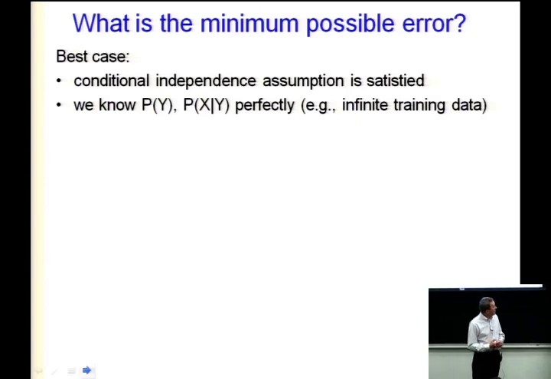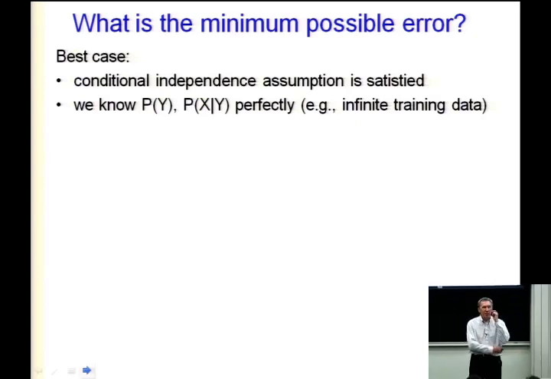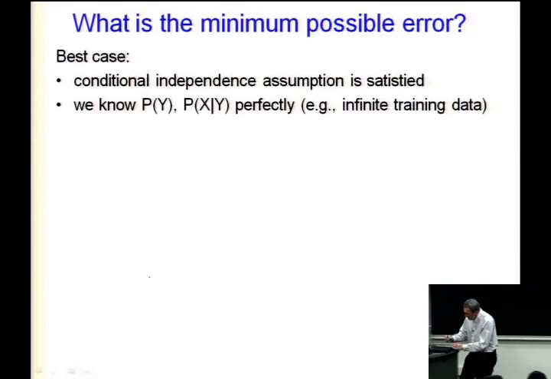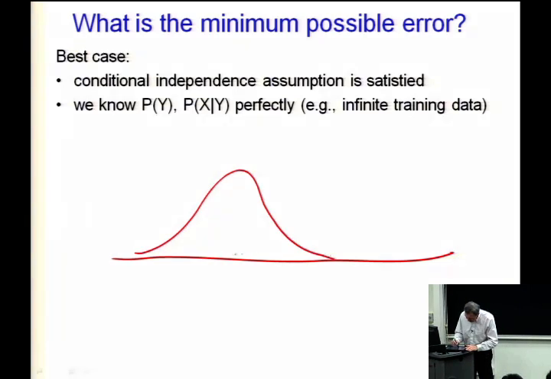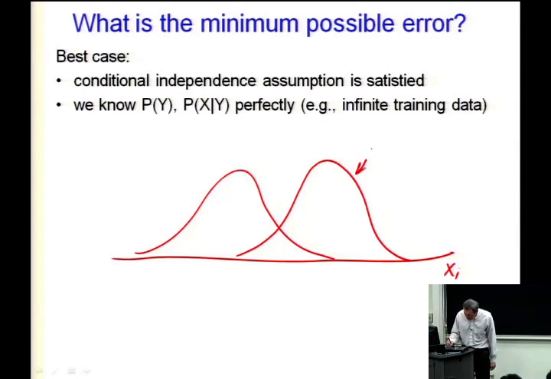Okay. So then, what's the minimum error I can get? Let's draw that picture again. Let's go back to just the single dimension. Here's again my two cases. This will be just x1. And of course, here is P of x1 given that y equals 1, and P of x1 given that y equals 0.